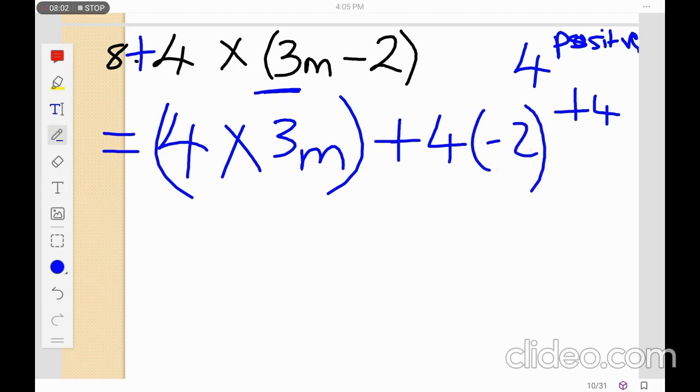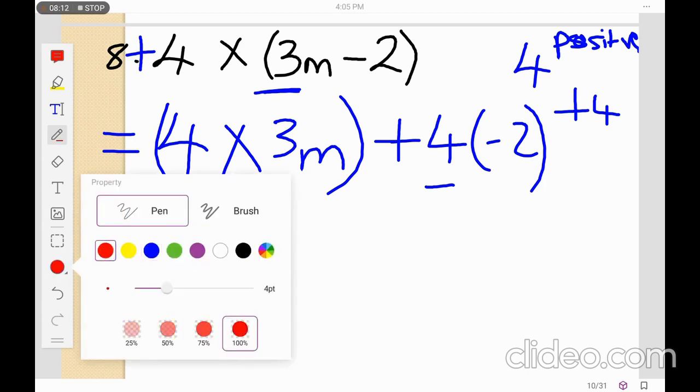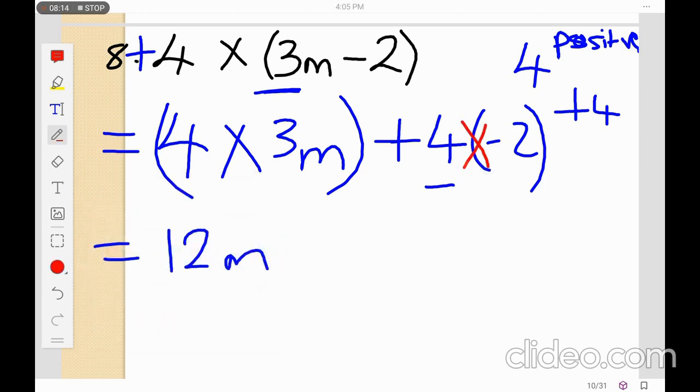Like that. I will get 4 times 3m, I get 12m. Then 4 times, I'll just put brackets here, but when you do that, it means these are multiplying there. That's the same thing. So it's 4 times minus 2, we get minus 8. Okay, so this becomes the final answer there.